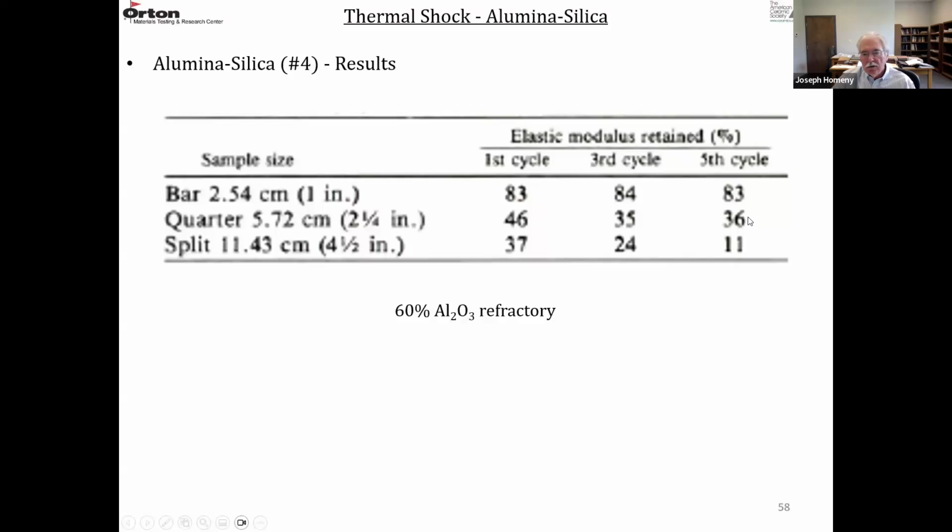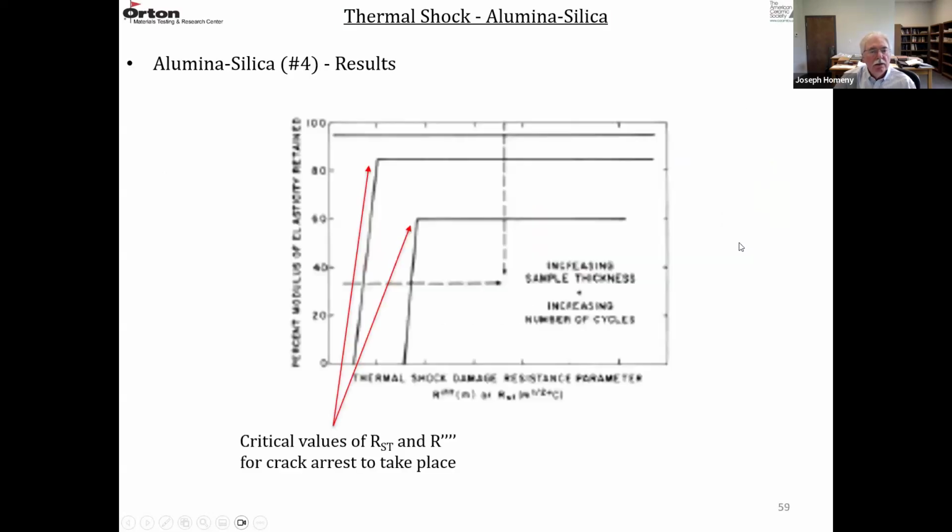This is lower, 35 to 45%, let's say, retained, and then the thickest sample, 11 to 37. So the thicker the bar, the more damage taking place. And for the thicker bars, the more cycles, the more damage.